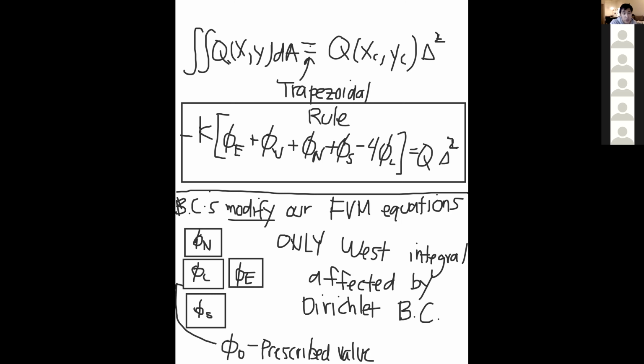So we can evaluate those integrals basically the same as we did before, but the only one we can't do is the west because we don't have a neighbor on the west. And so what we're going to do is replace the west integral with an expression that incorporates the Dirichlet boundary condition. Okay. All right. Any questions on this before I wipe the board?